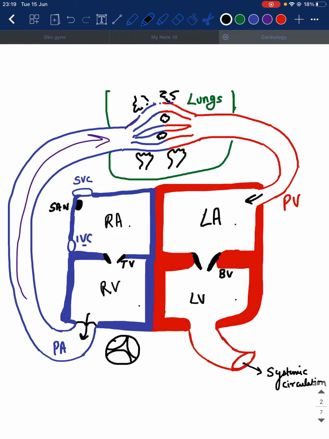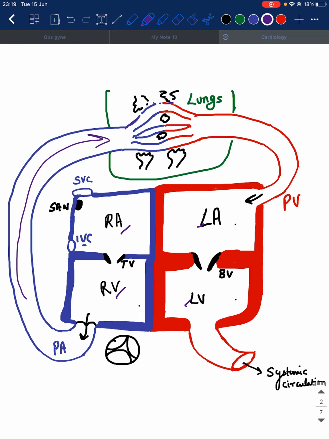Okay, correct? So, first of all, we need to understand the chambers of the heart and the various circulations. The heart has four chambers: left atrium, left ventricle, right atrium, and right ventricle.